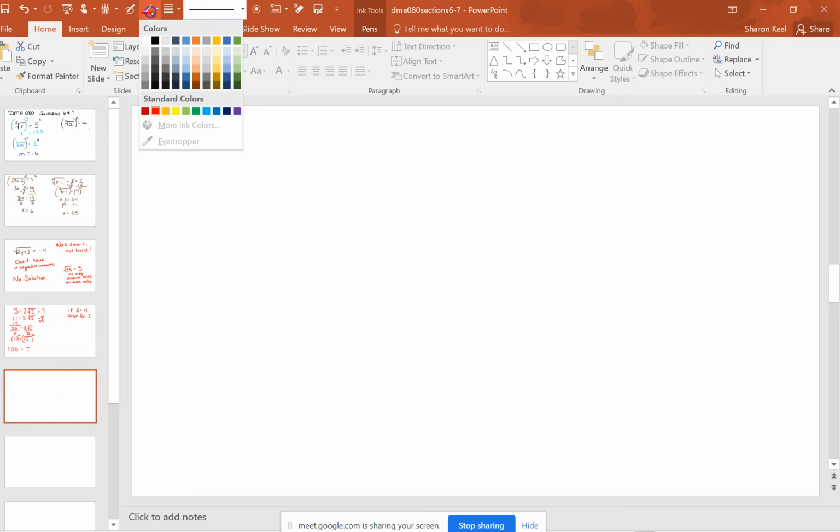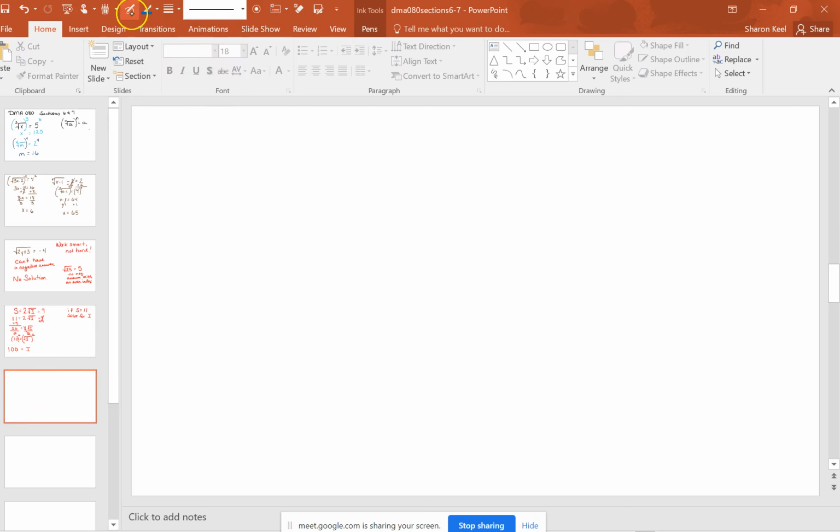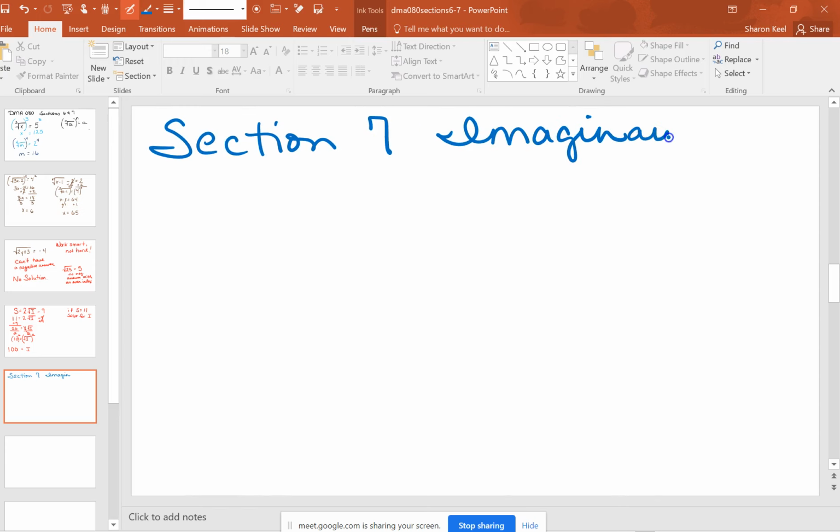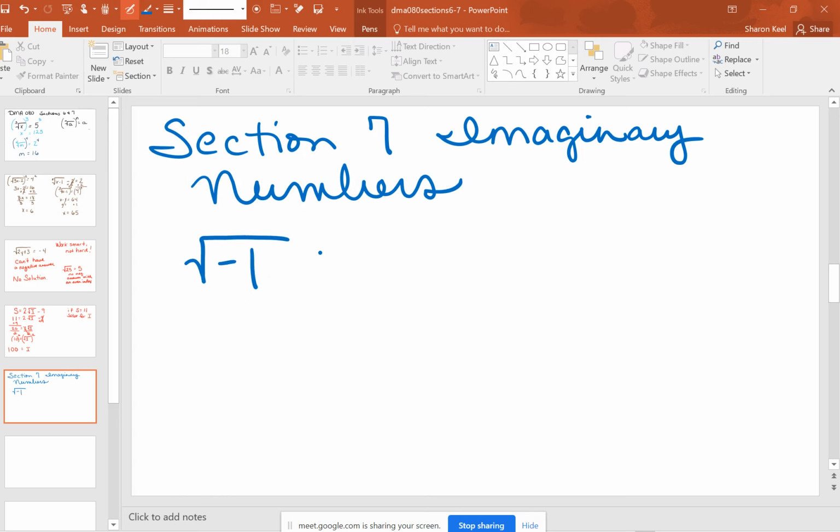In section 7, we are looking at imaginary numbers. With imaginary numbers, what happens is if we have a square root of -1, we are going to use a lowercase letter I to represent the square root of -1.